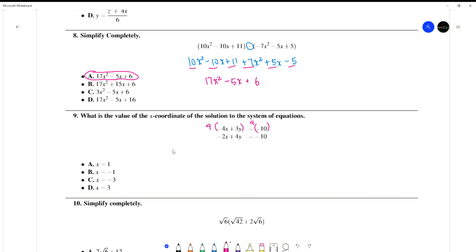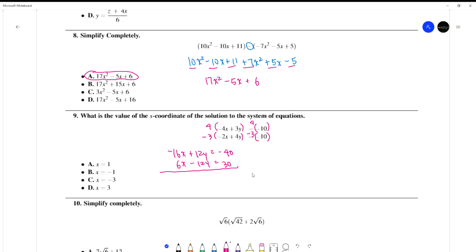Anyway, 4 times negative 4x is negative 16x plus 12y is equal to negative 40. Now for the second equation, I would multiply this by negative 3. So negative 3. That way we can get opposites, right? So this one would be positive 6x minus 12y is equal to positive 30.